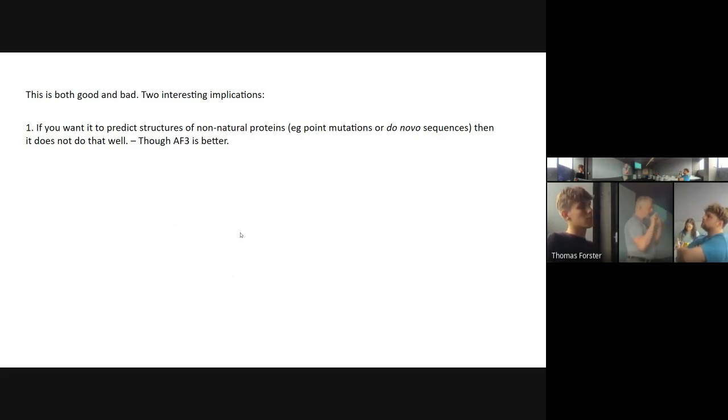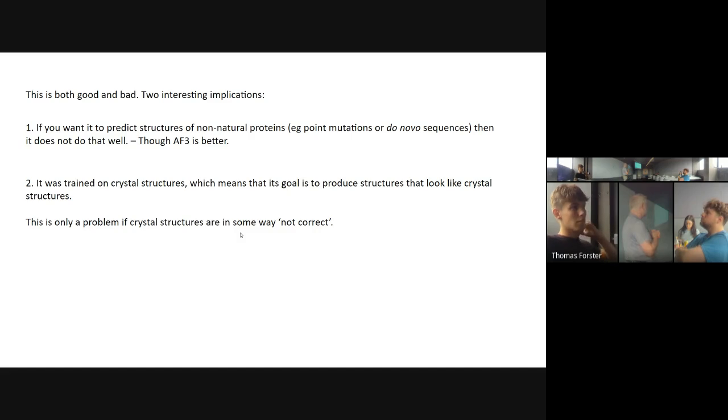If what you're trying to calculate is something which is not a natural protein, so if it's a mutant, or if it's just a complete de novo sequence, then it's got nothing much to compare it to, so it doesn't do so well. That was certainly true for AlphaFold and AlphaFold 2. I think it's not so true of AlphaFold 3, but you probably still want to be a bit more careful if you're giving it a sequence which is not a known sequence.